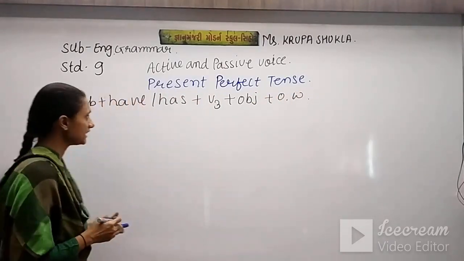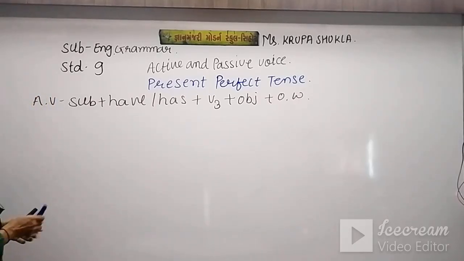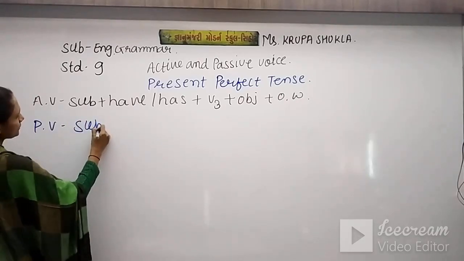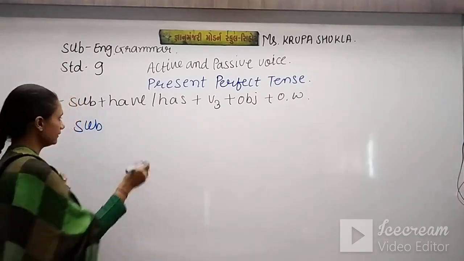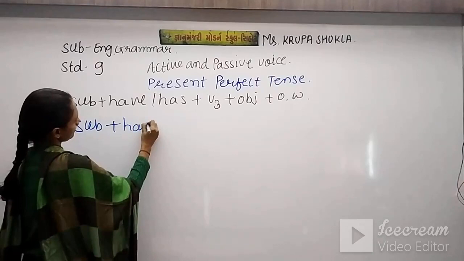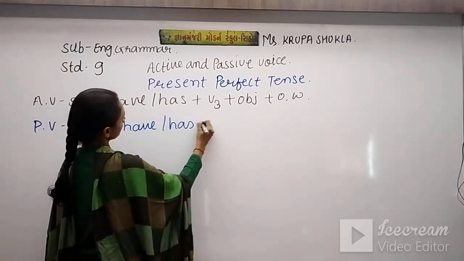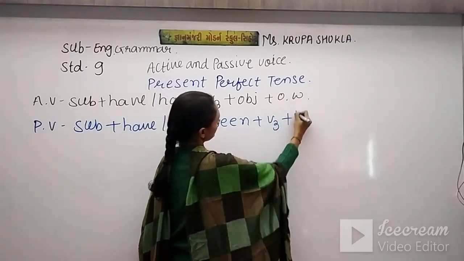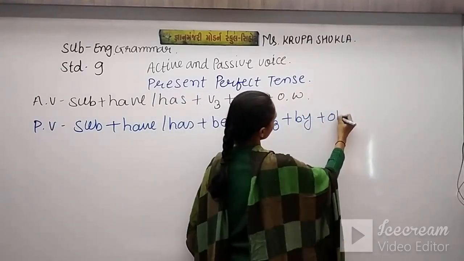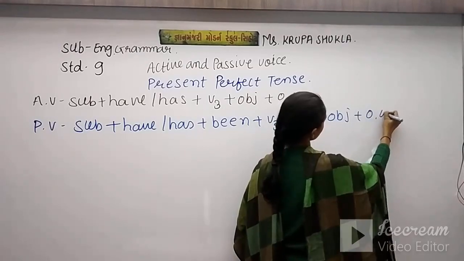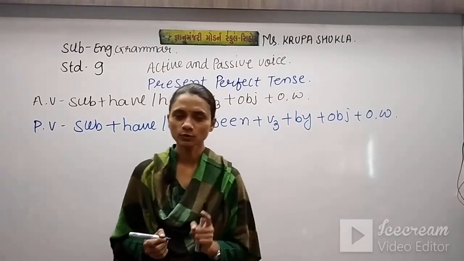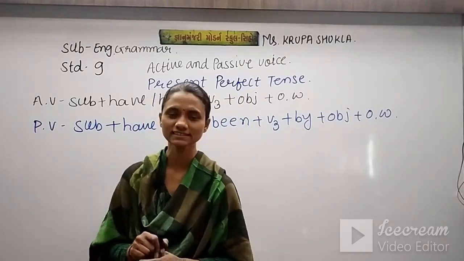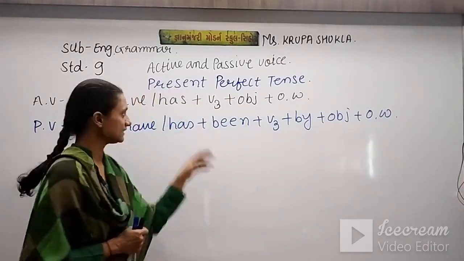Now we'll turn this sentence pattern into passive voice. This object will come here as the subject, then have and has plus been plus V3, by, object and OW.